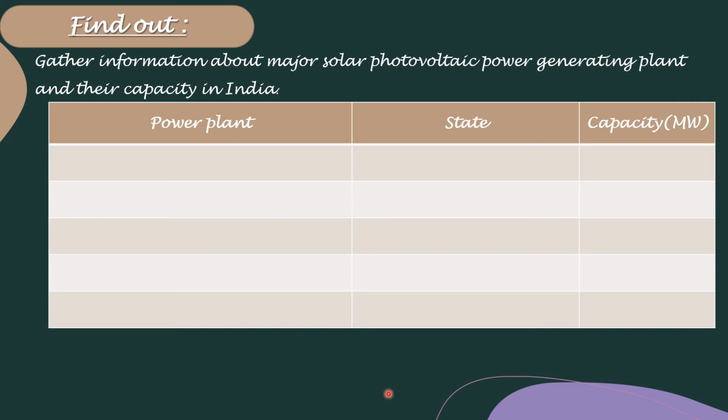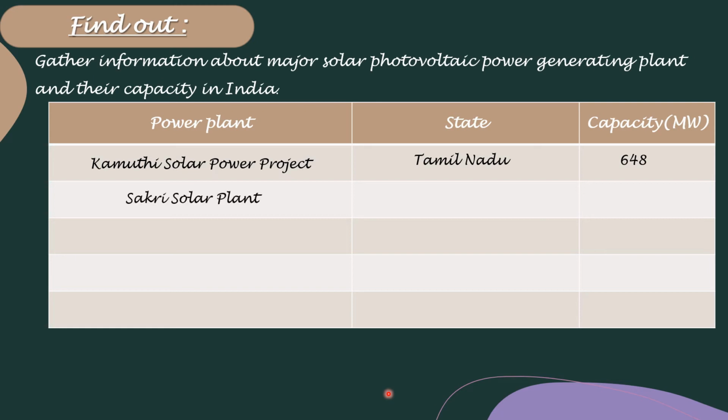The first power plant is the Kamuthi Solar Power Project. It is in the state of Tamil Nadu with a capacity of 648 megawatt. And the next power plant is the Sakri Solar Plant, in the state of Maharashtra, and the capacity is 125 megawatt.